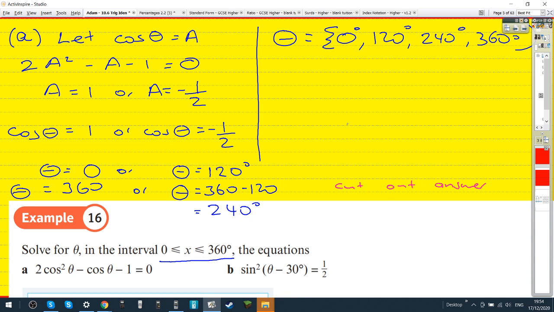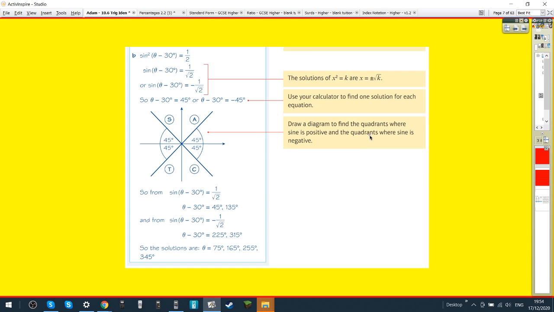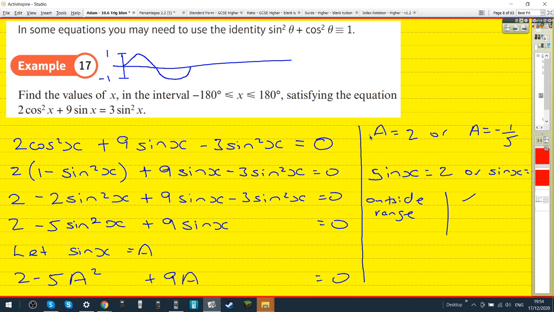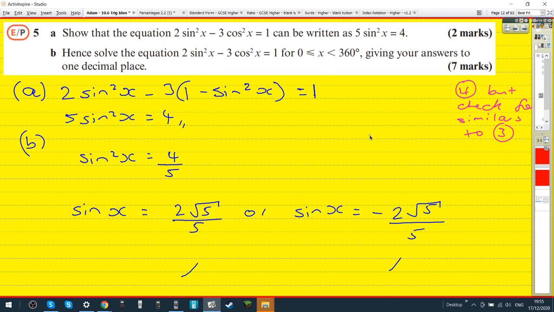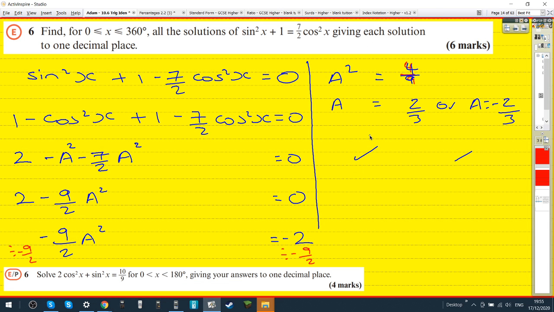Equations and identities. Yeah, you let cos theta, sine theta, tan theta be equal to a. Solve it normally because that helps, and then just swap it back at the end. Yeah. You have lots of combining to do. There's lots of swapping between sine squared and 1 minus cos squared, or cos squared with 1 minus sine squared. Lots of it.